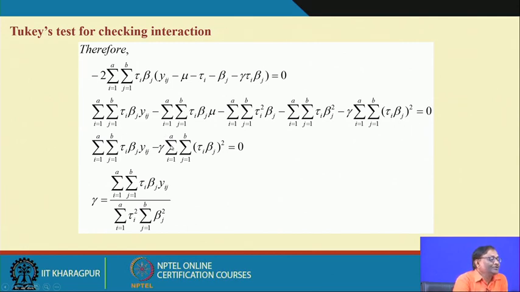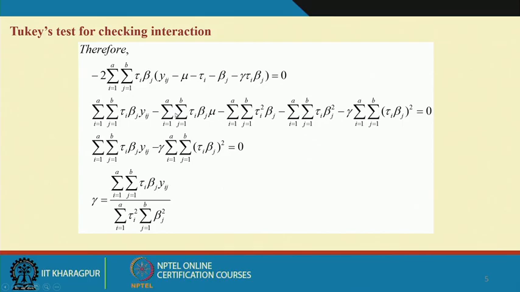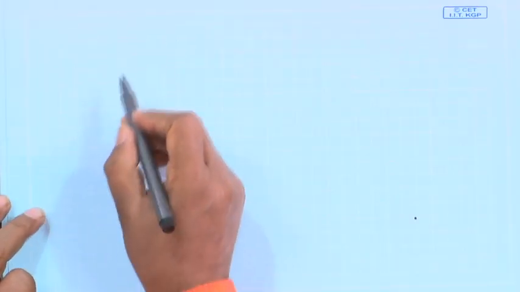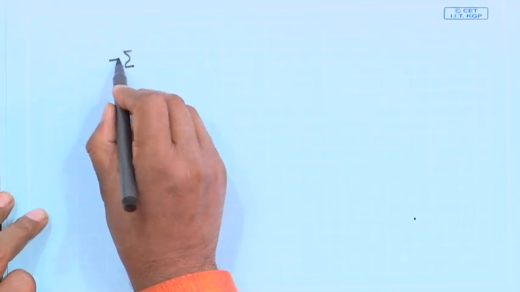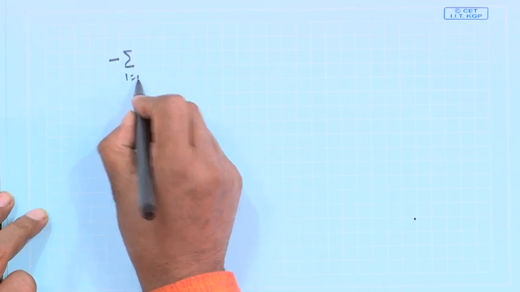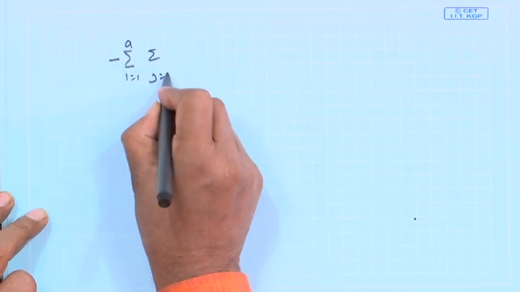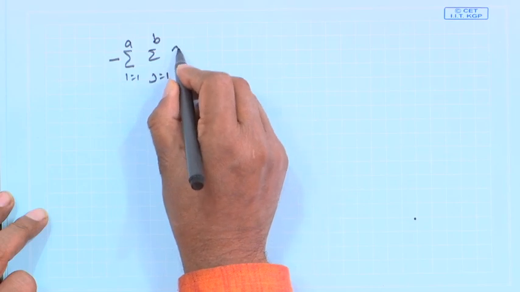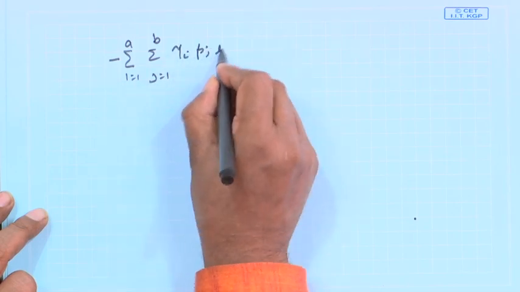Now, from this to this, what happened? Take the second term. As tau i is not involved with j, we can bring it out, and mu we can bring to the left. For example, the second term is minus the sum over i equal to 1 to a, j equal to 1 to b, of tau i, beta j and mu.